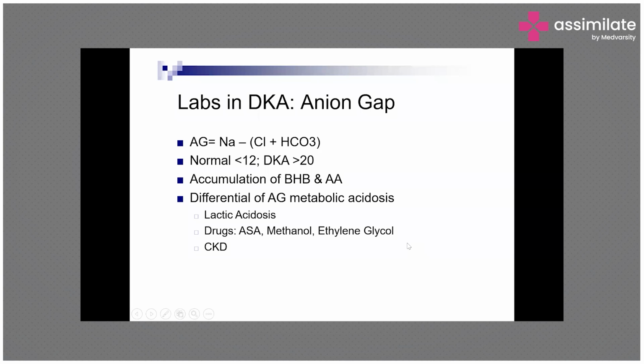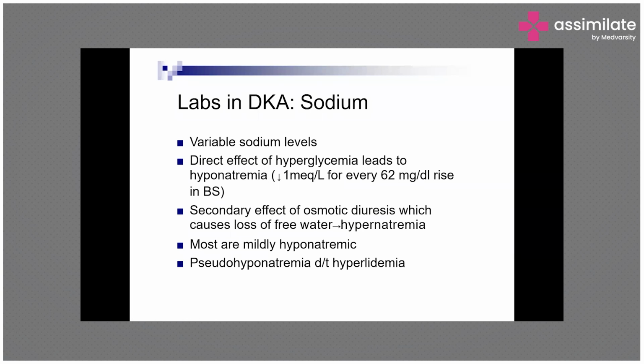Whenever the patient presents with DKA with high anion gap, we have to rule out these possibilities. If these are the possibilities, we may have to treat lactic acidosis or poisoning like aspirin, methanol, or glycol poisoning. And if the patient has CKD, that patient has to be dialyzed. So the institution of therapy will differ if there are coexisting factors along with the high anion gap metabolic acidosis.